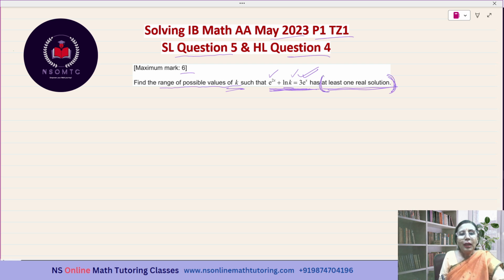If we bring all the terms to the left side of the equal to sign, I get the equation e to the power of 2x minus 3 times e to the power of x plus ln of k is equal to 0.